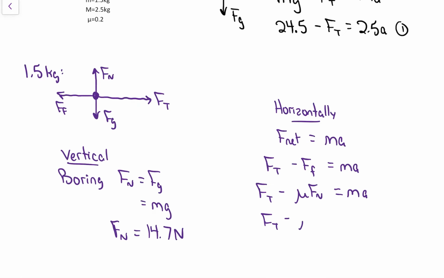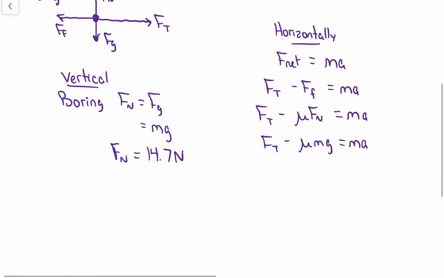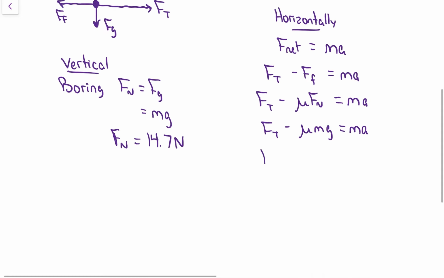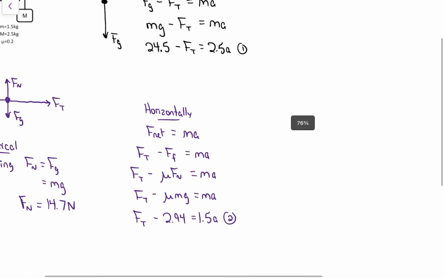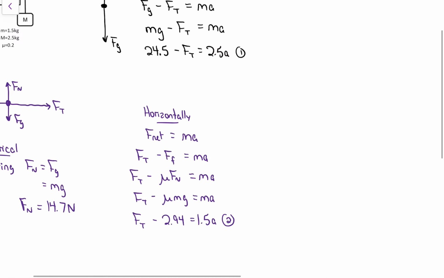It's a boring case, so I know Fn is mg. If I substitute in numbers, the coefficient I had made up for this question was 0.2. The normal force is 14.7, so that cranks out to be almost 3, and that's equal to 1.5 times a. That's as far as I can go with that equation.